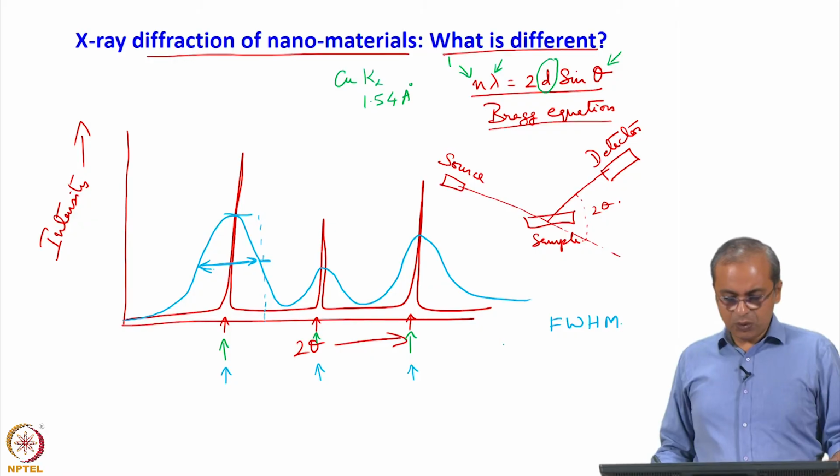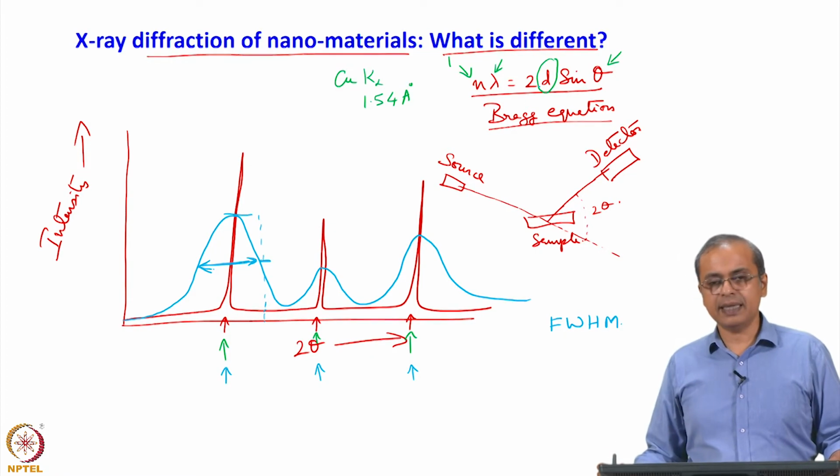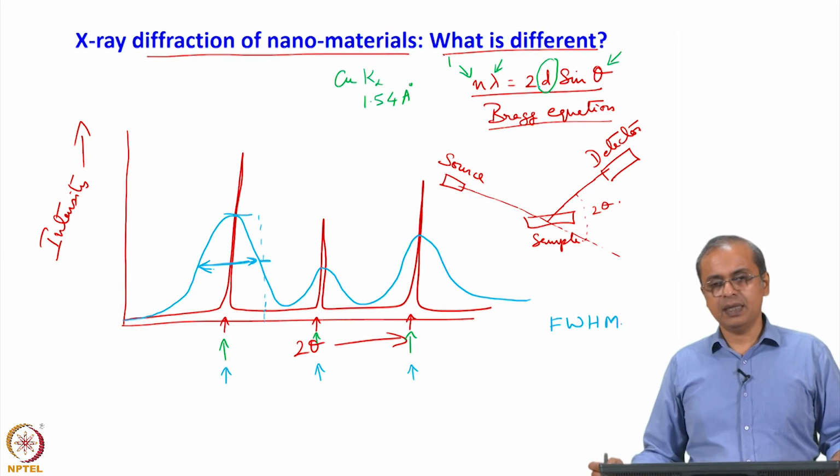The way we need to look at it is that the n lambda equals 2d sin theta equation basically tells us about the path difference.